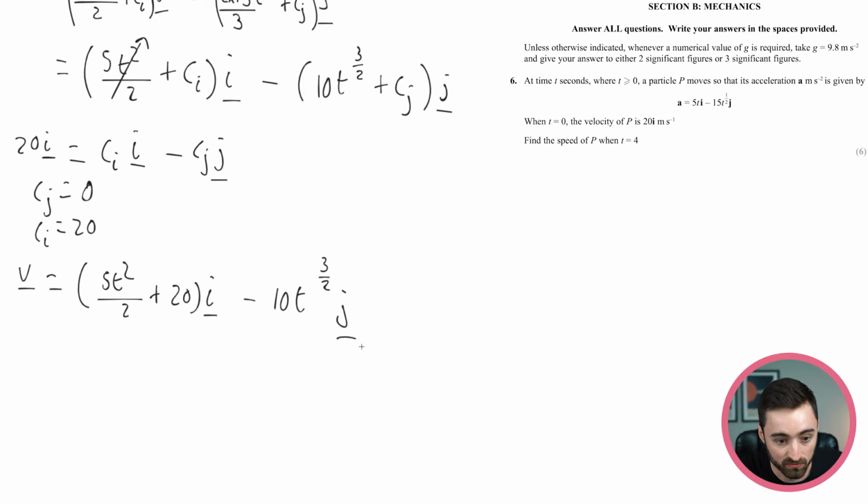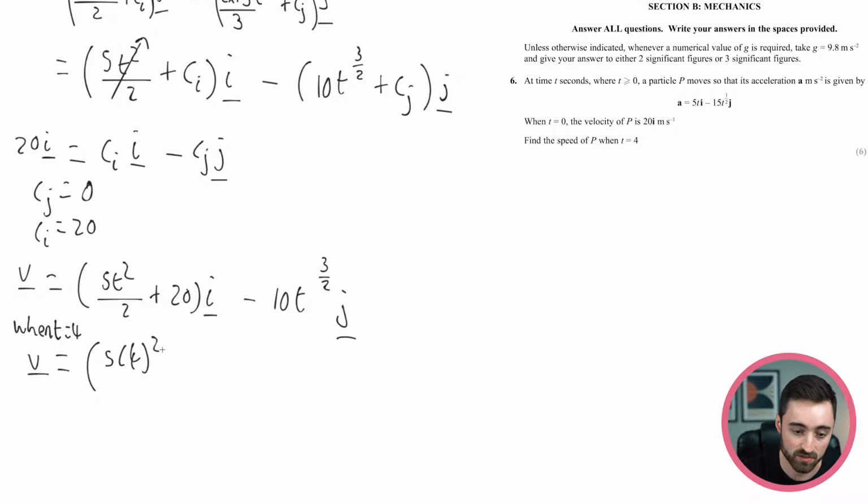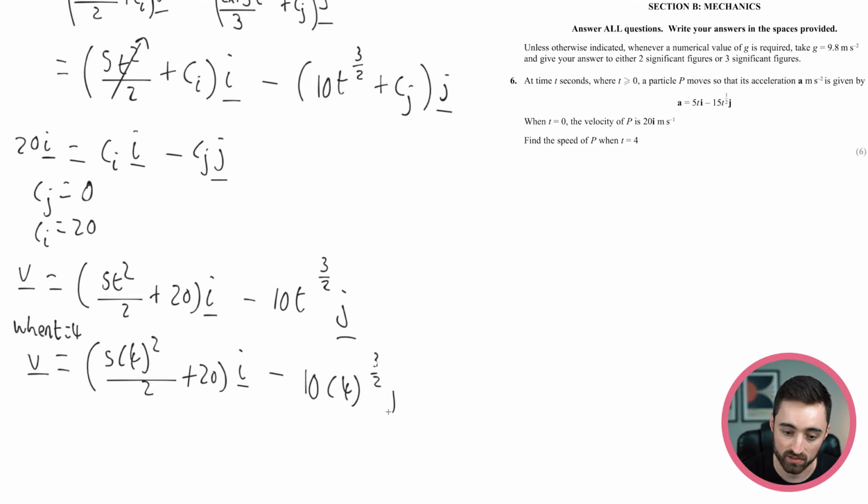Well, sub t equals 4 in, right? So what am I going to get? I'm going to get 5. So I'll say when t is 4 here. Because it wouldn't be right to say that that's just equal to this having subbed in 4, would it? So 5 times 4 squared over 2 plus 20 lots of i minus 10 times 4 to the 3 over 2 lots of j.